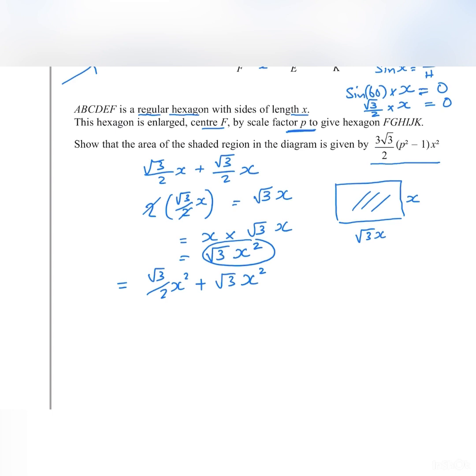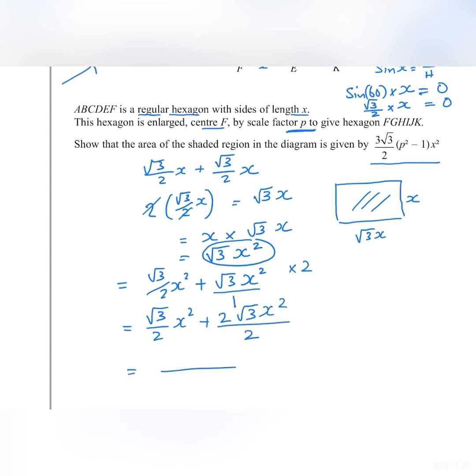And so again, I can make this into a fraction, root 3 over 1, and times this fraction by 2 to get the common denominator. So root 3 over 2 x squared plus 2 lots of root 3x squared over 2.